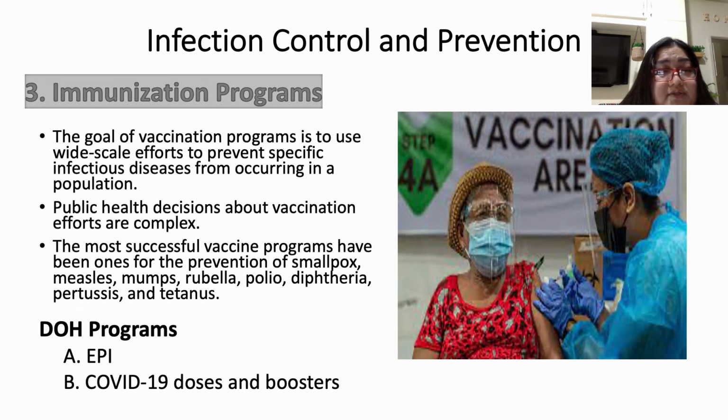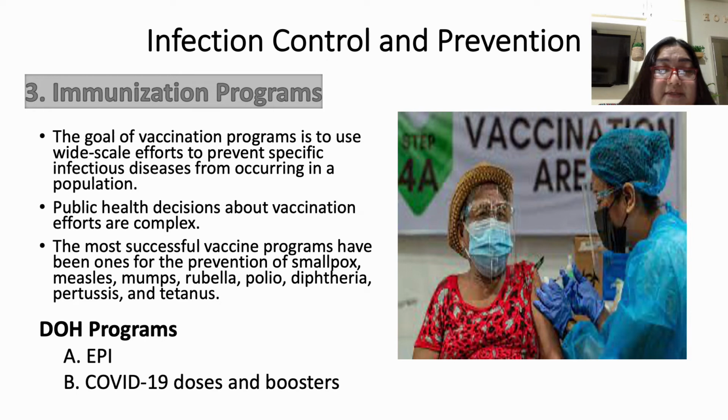Public health decisions about vaccination efforts are complex, however, because there are risks, but there are also benefits. The risks and the benefits for the person and the community must be evaluated, especially in terms of morbidity, mortality, financial costs, and the benefit.